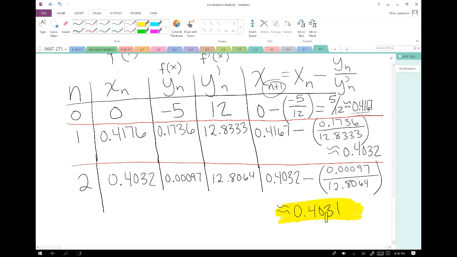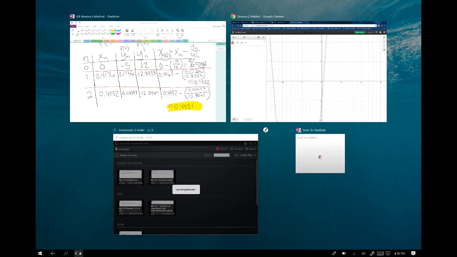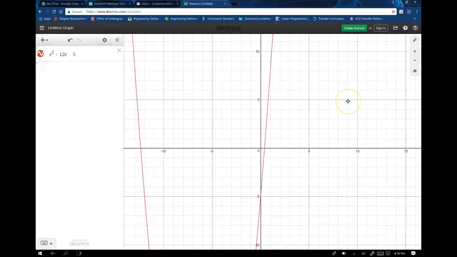I'm going to go back to Desmos and see what Desmos has to say for that x-intercept. So remember, we said 0.4031. Let's see. And we want a y of 0, and it says 0.403. Now Desmos is only going to display 3 decimals.